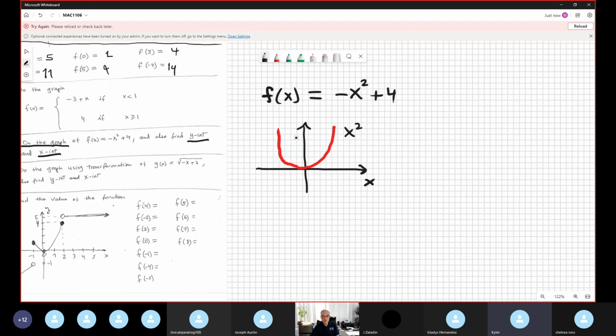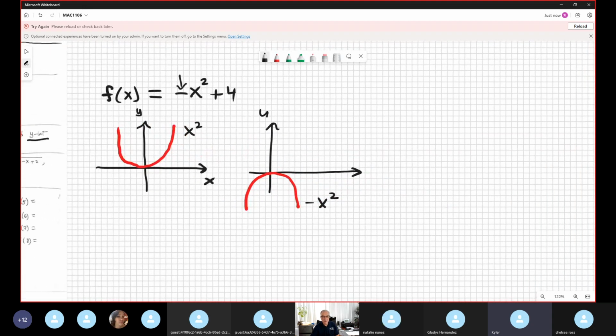One transformation you can see, this minus, is a reflection about the x-axis. Basically, when you multiply by -1, my parabola is going down. This is negative x squared. Then plus 4 is a vertical shift 4 units upward.